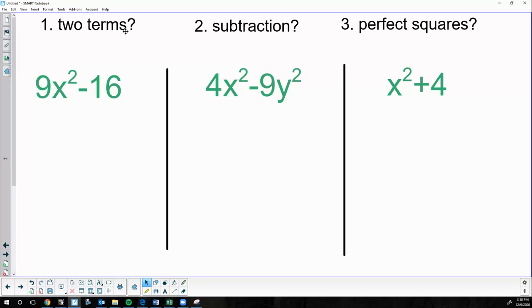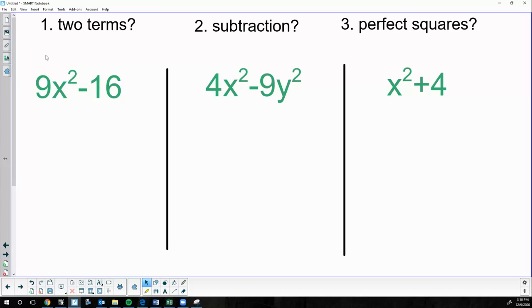If there are 3 or more terms, you can't use this difference of perfect squares strategy. Then you check, is there a subtraction symbol in between the two terms? If there is, keep going. If there isn't, you can't do it. The third step is you look and see, is everything, numbers and letters, perfect squares?